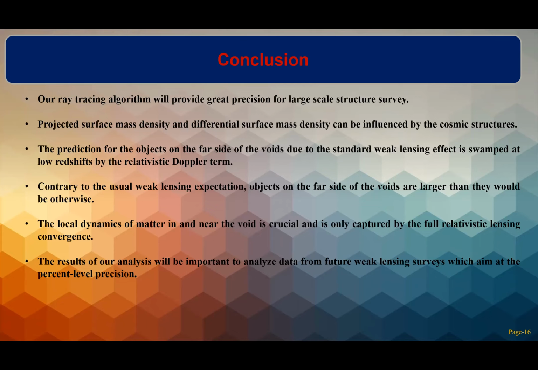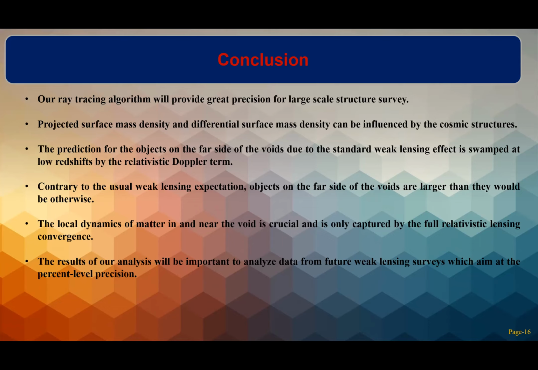We also observed that objects on the far side of the voids are larger than the expectations of the standard weak lensing. The results of this work that I present here will be important for future weak lensing surveys where percent level precision is important.